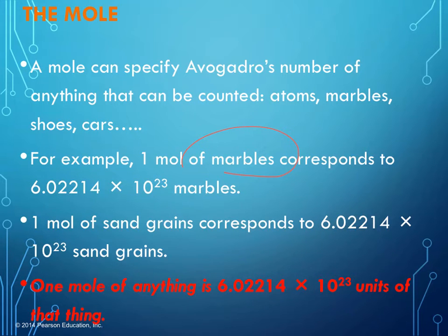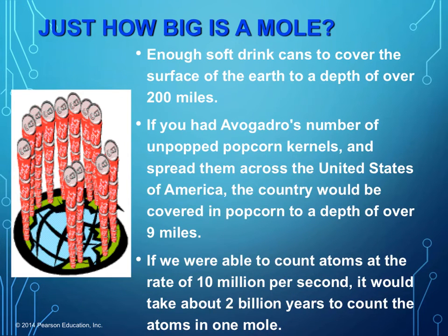It just wouldn't be a very convenient unit for large things like that. So really, we think of Avogadro's number, 6.02 times 10 to the 23rd, particles of either an atom or a molecule. How much is that, by the way?